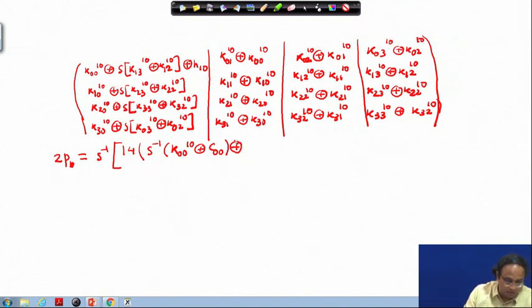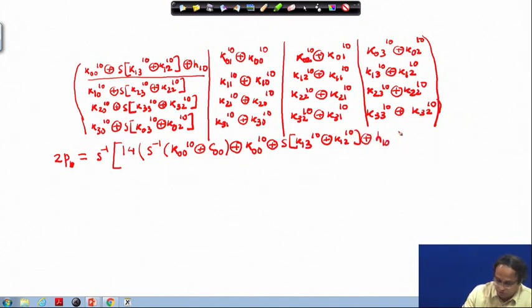The 9th round key, as you can see, is expressed here using the 10th round values. So if you plug in, you get K00 10 XORed with S of K13 10 XORed with K12 10, and XORed with H10. That gives you this part.